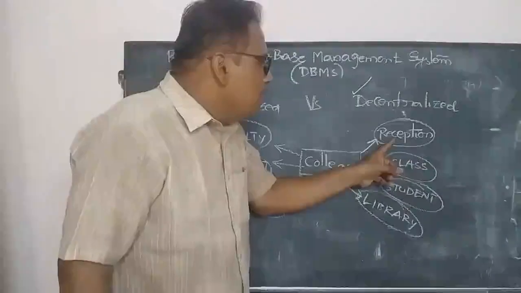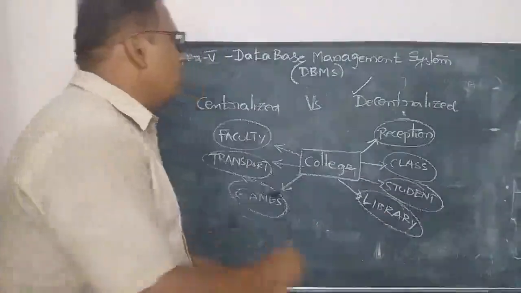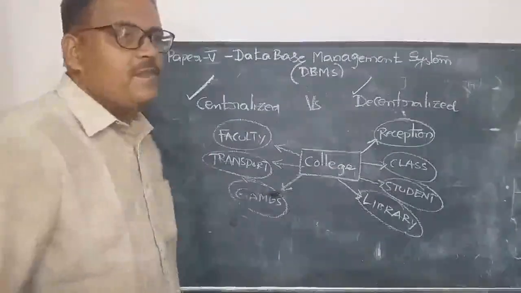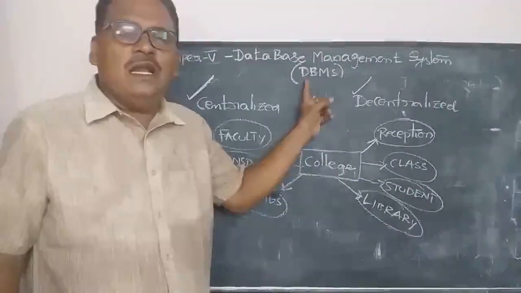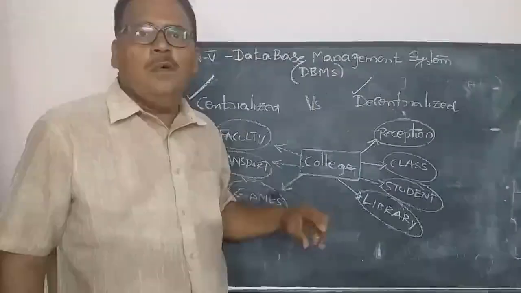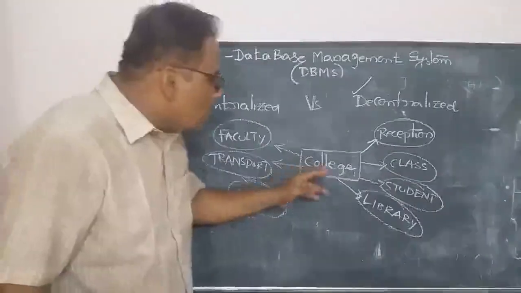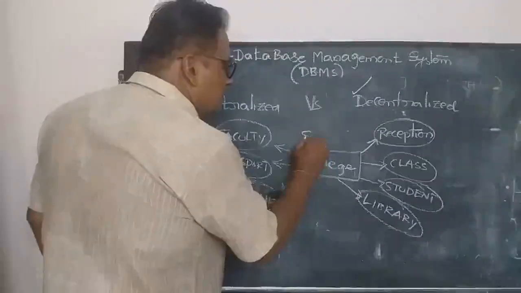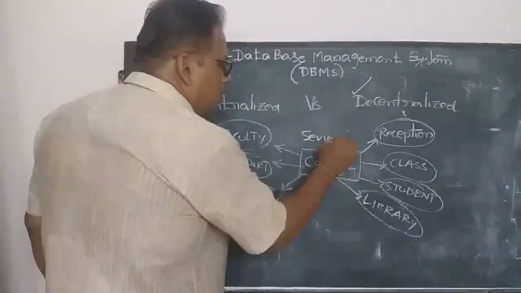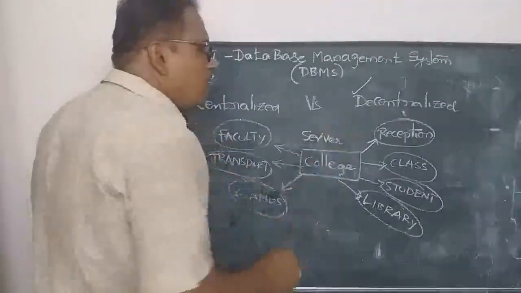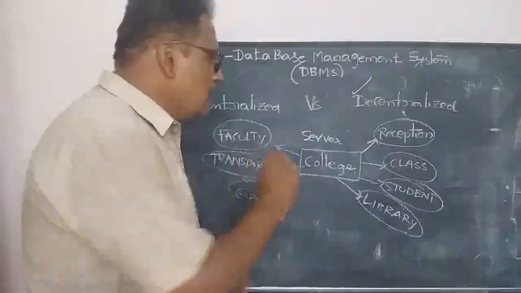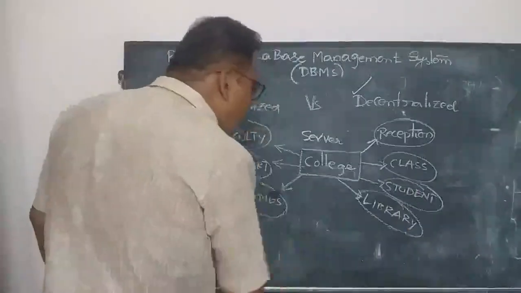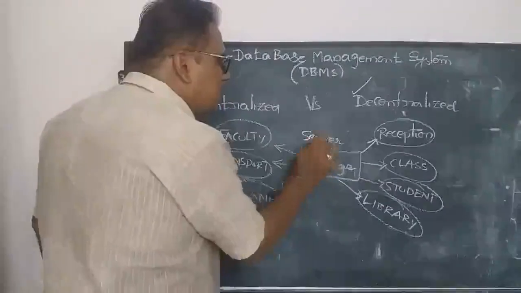So here, to avoid these things, we introduce a centralized manner. A database management system is a centralized manner. Here, the college maintains one server. Here we introduced a computer as one person, a server. The server maintains all the information of every entity at one point.